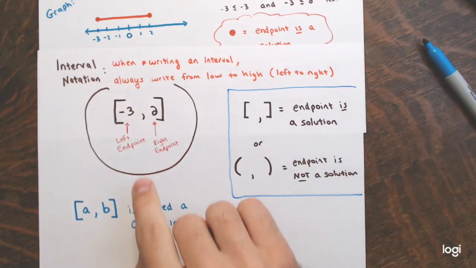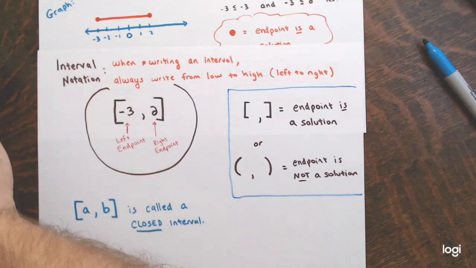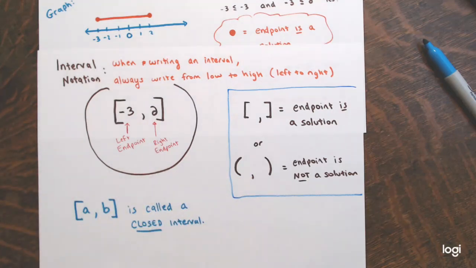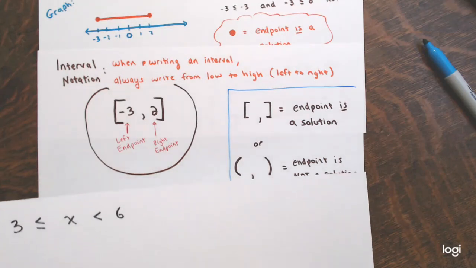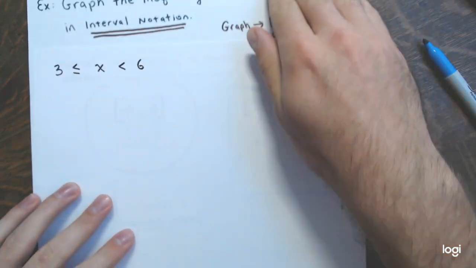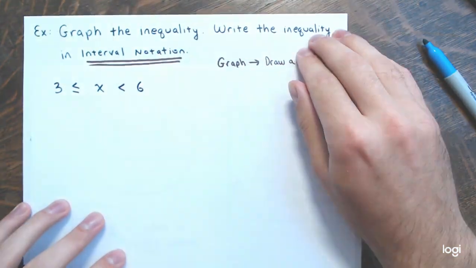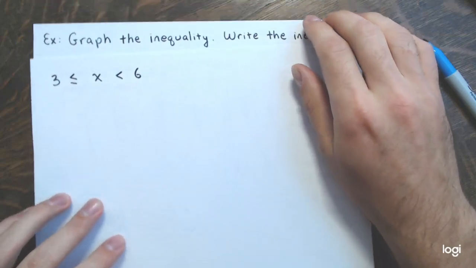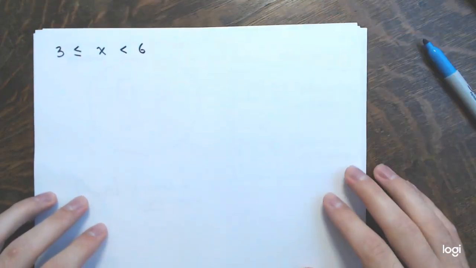Okay, so that's the first example, and I've got plenty of others. Go through them a little more quickly. The next one I have is another compound inequality where I'm asked to do the same thing: graph the inequality, and then write the inequality in interval notation.